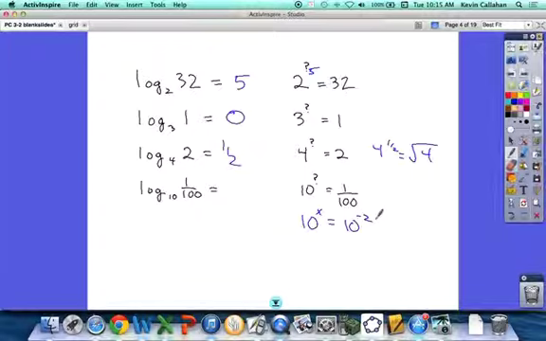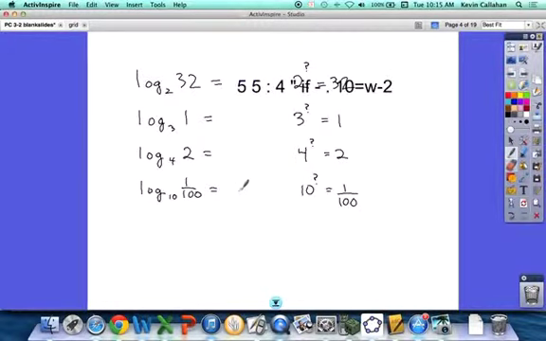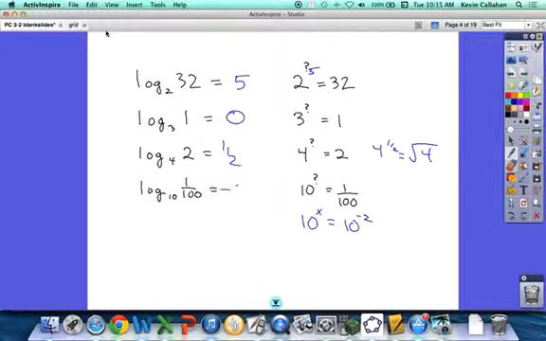And if it's a 10 squared in the denominator, it's a 10 to the minus 2 in the numerator. So what power do you raise 10 to get 1 over 100? Negative 2.